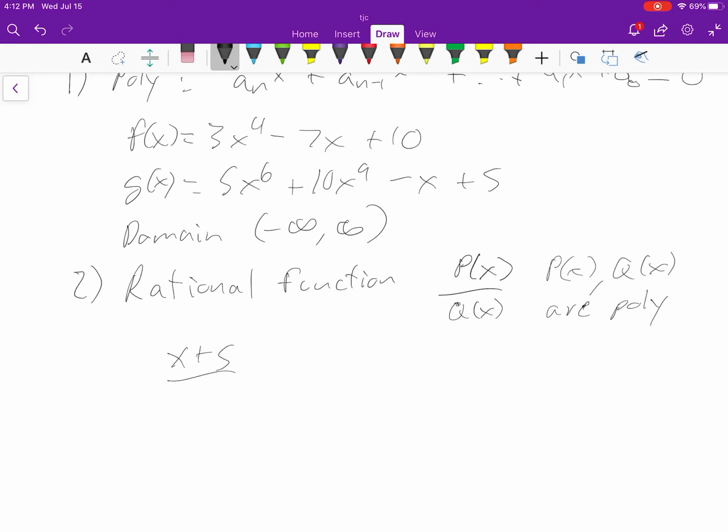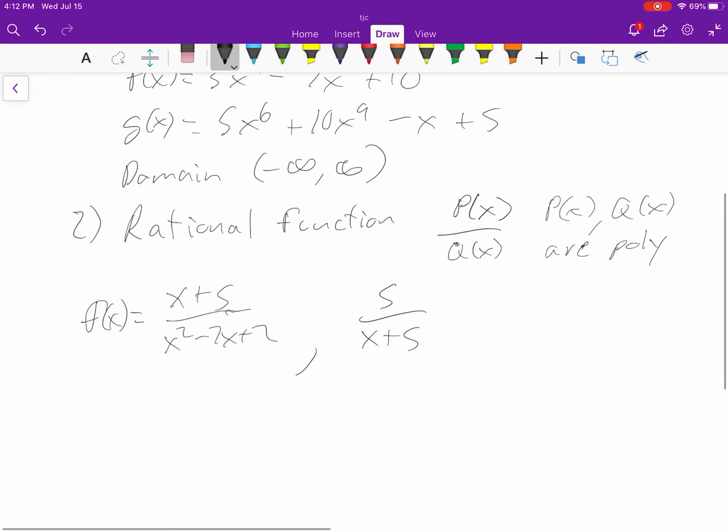Okay, an example of a rational function would be x plus 5 over x squared minus 7x plus 2. So that is a rational function. Another one would just be 5 over x plus 5. They're basically functions that are composed of a poly over a poly, and that's a rational function.